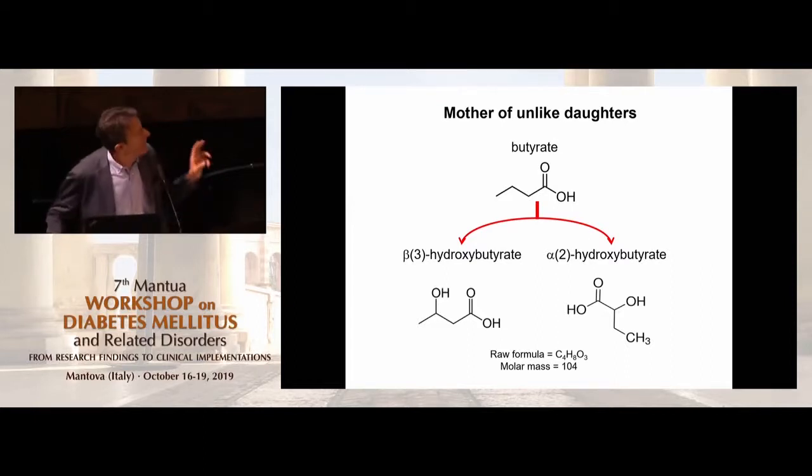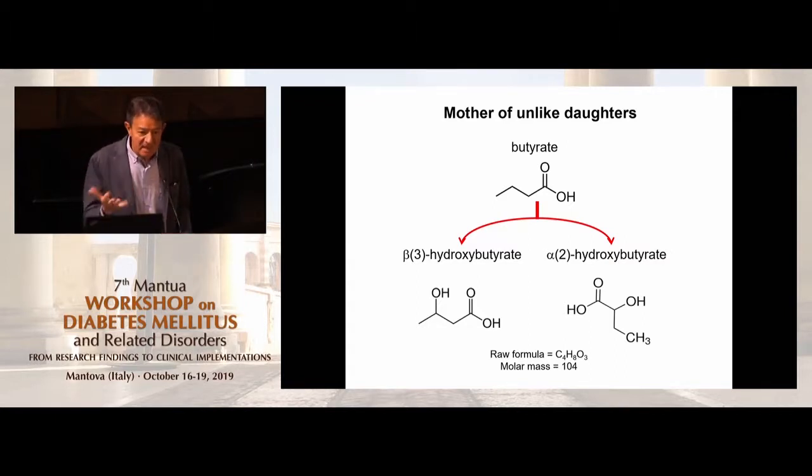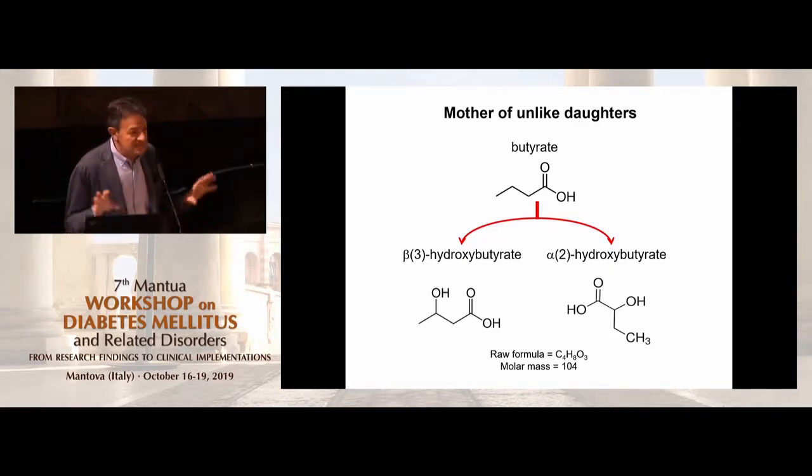So you have a compound which is butyrate, and the addition of just 1 hydroxyl group gives you either beta or 3-hydroxybutyrate or alpha or 2-hydroxybutyrate. And this is just an epimeric difference. And mind you, the raw formula and the molar mass of these 2 daughters is identical.